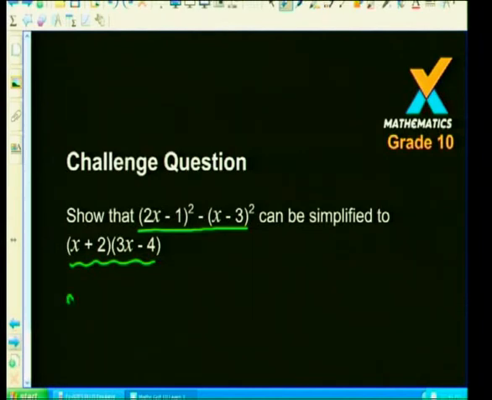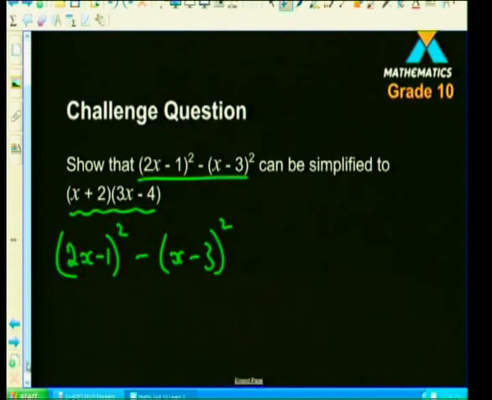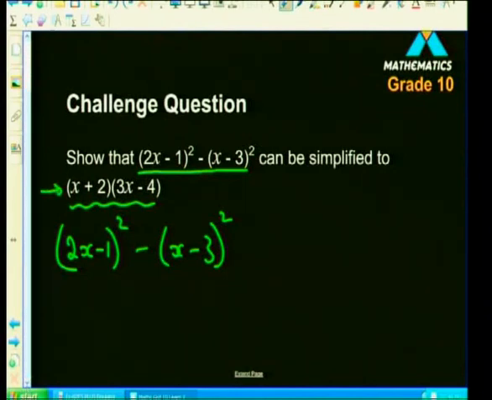So what I'm going to do is I'm going to start off with this little number over here, and I'm going to multiply it out and then refactorize it to get that. Well, starting with this, first squared, first times second times 2, second squared.